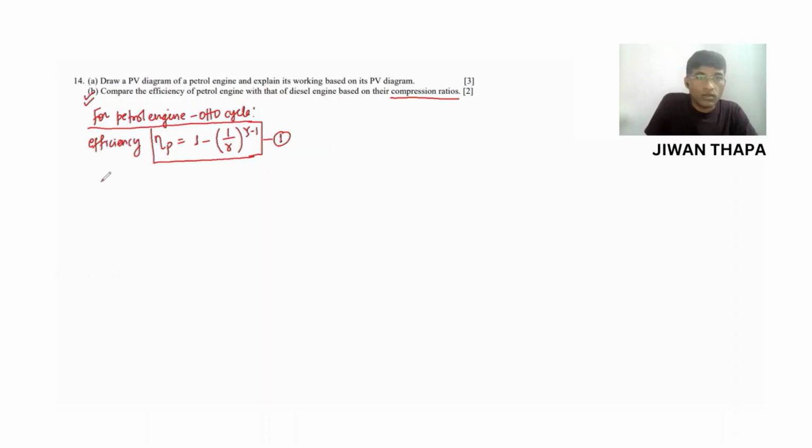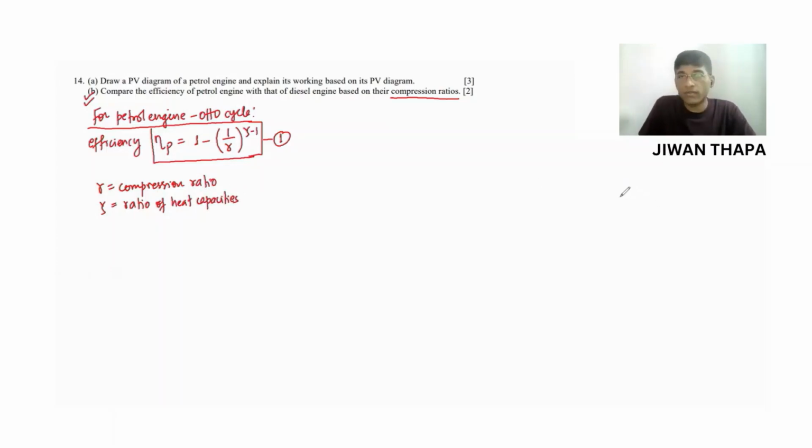Now R is the compression ratio, gamma is the ratio of heat capacities.